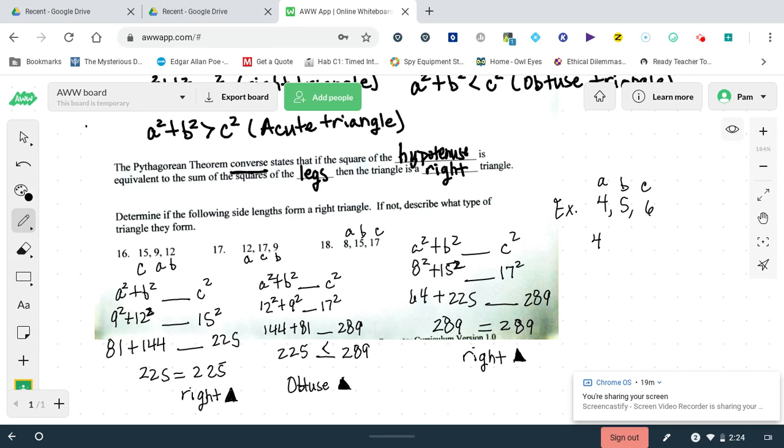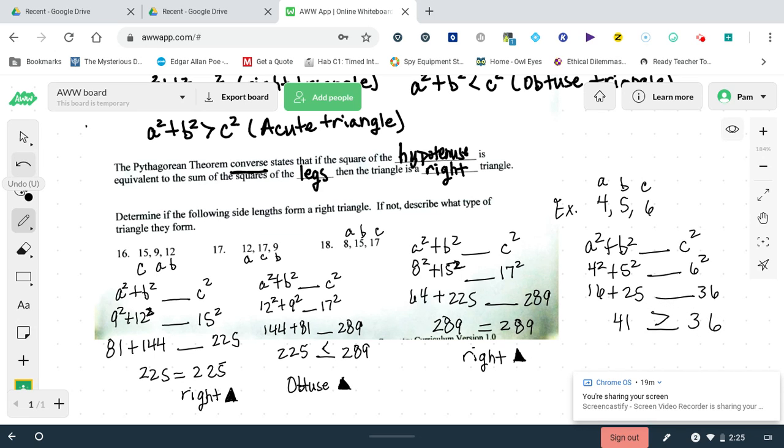Let me go back and write a squared plus b squared, compared to c squared. So that's going to be 4 squared plus 5 squared compared to 6 squared. 16 plus 25 compared to 36. Well, what is 16 plus 25? It's 41. 41 is greater than 36. If it's greater than, it's an acute triangle.